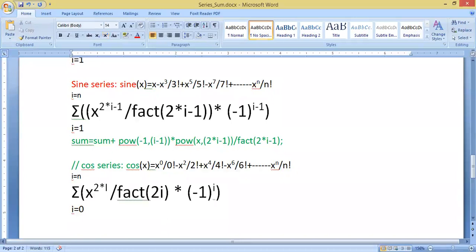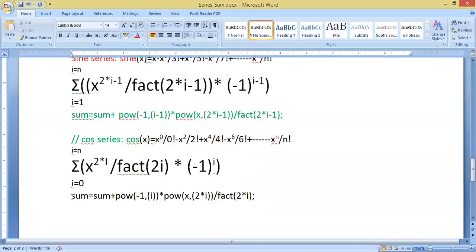So the for loop can be represented simply like I have written over here. I'll show you in the program, or I should copy it and show you at the same place. This is the statement written within the for loop. Now I should mention the for loop also.